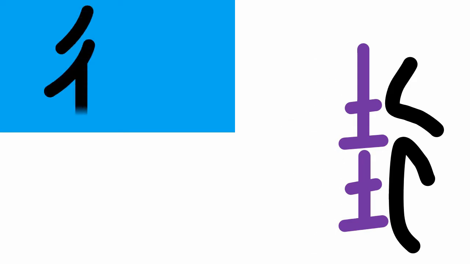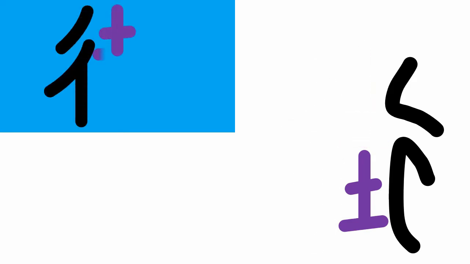The second character in today's lesson takes the crossroads radical and pairs it with the double earth phonetic, which produces a character pronounced first tone, jiē, meaning a city street.